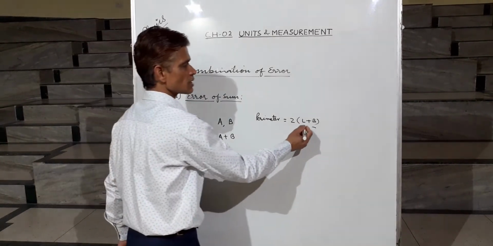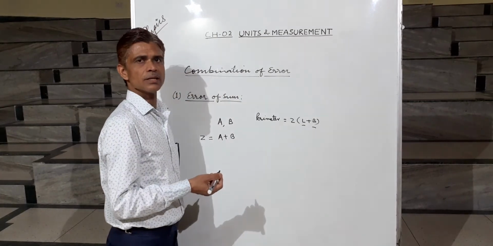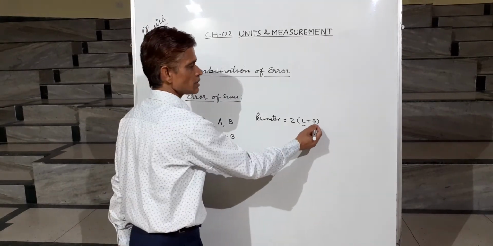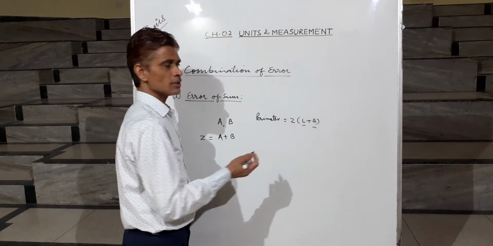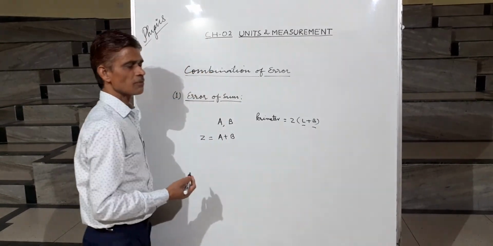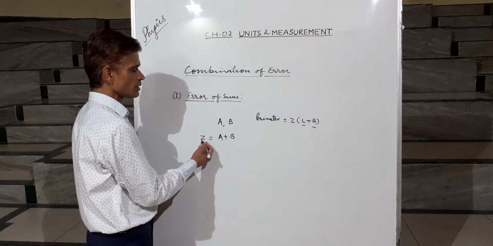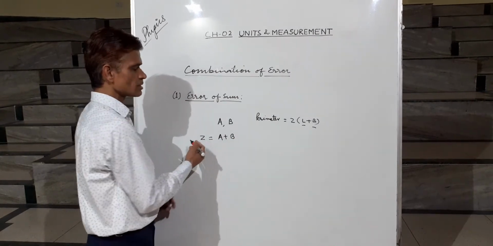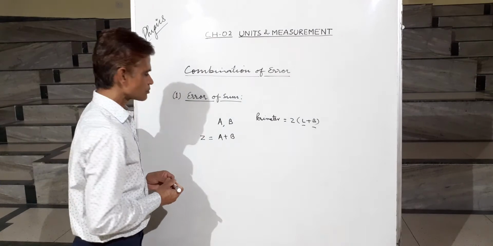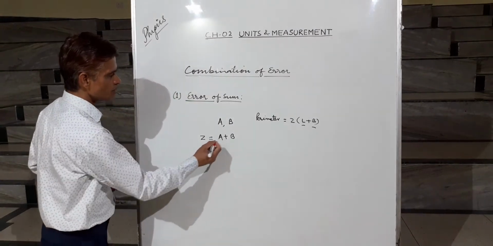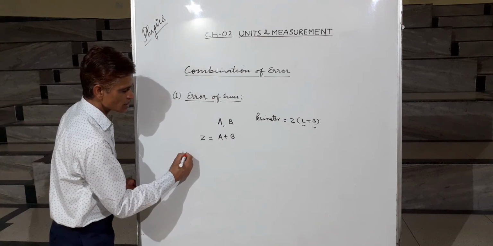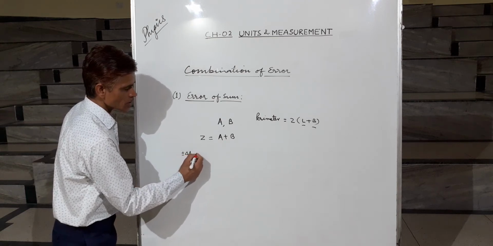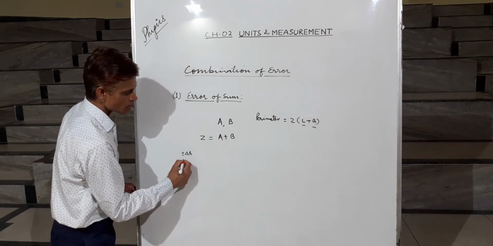So when we are measuring length, some error we may commit, and in measurement of breadth also, we may commit some error. So these errors in the measurement of length and breadth will propagate in the measurement of the perimeter, that is in Z.